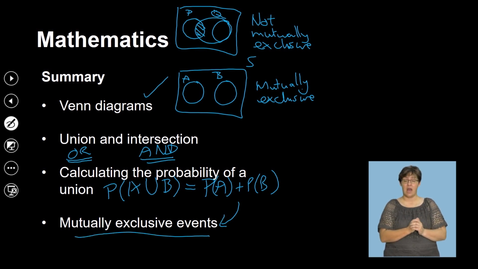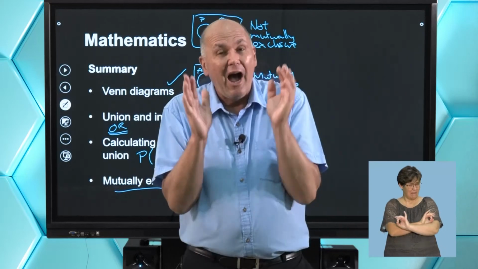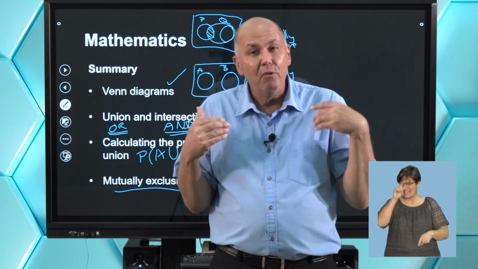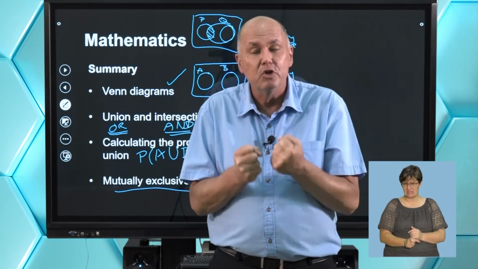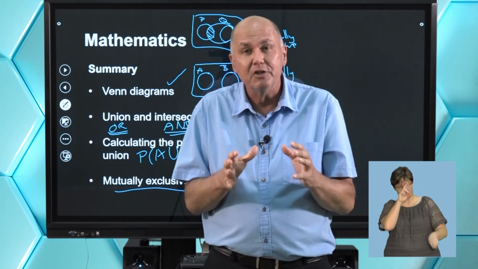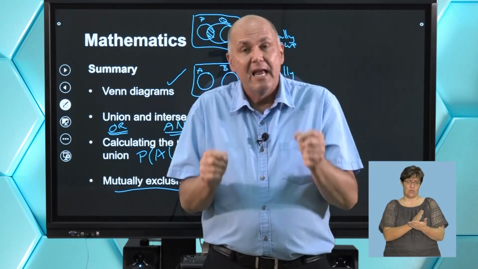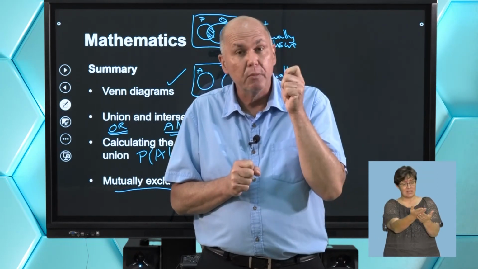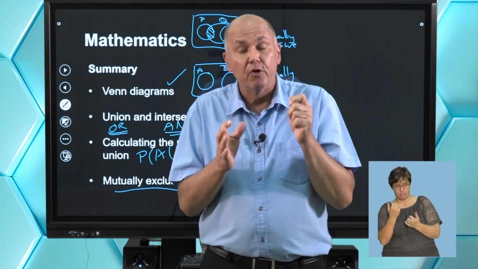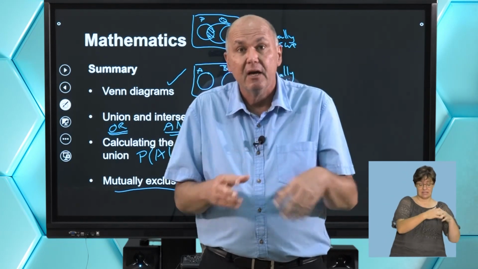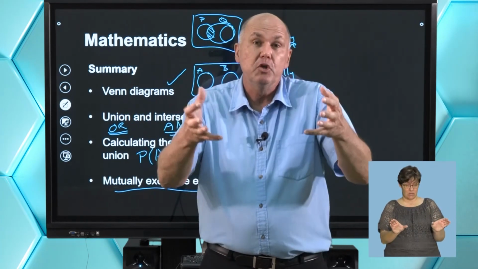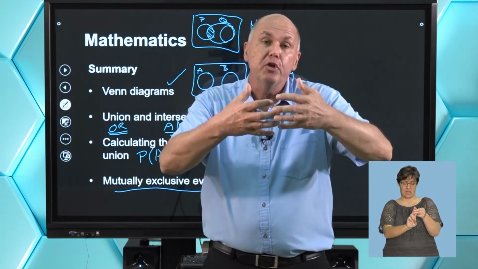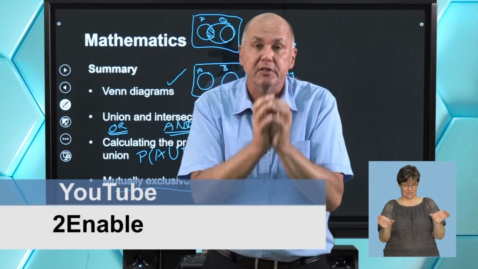That is only true if we are dealing with mutually exclusive events. So, guys, I hope this is very clear. I know we've gone through a lot of new terms and terminologies, but please revise this and make sure you can apply your probability identities for calculating probabilities when you've got two sets that you're looking for the union of and they are mutually exclusive.